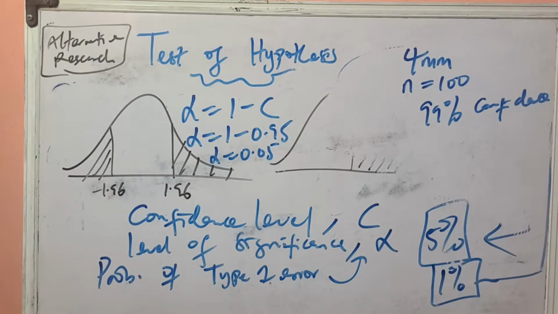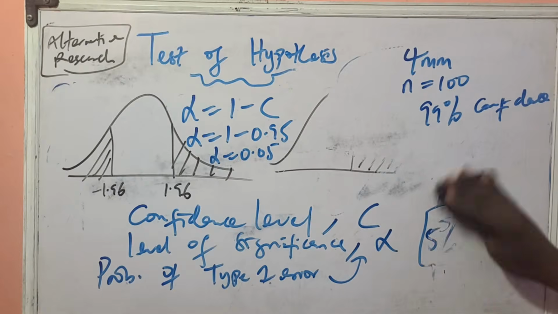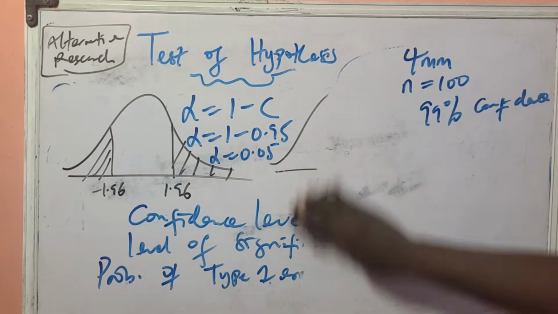So guys, I want you to state the null hypothesis and tell me the level of significance of this test. Can you state the null and alternative hypothesis quickly, and then also tell me the level of significance of this test?